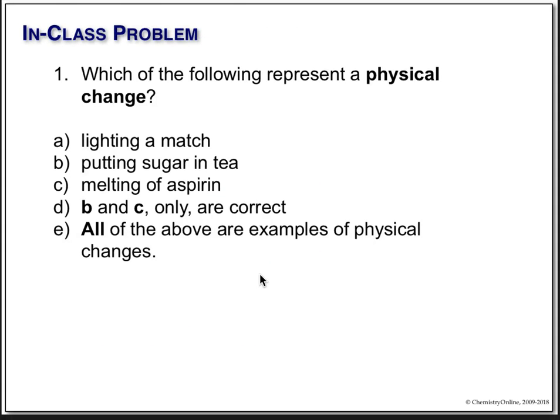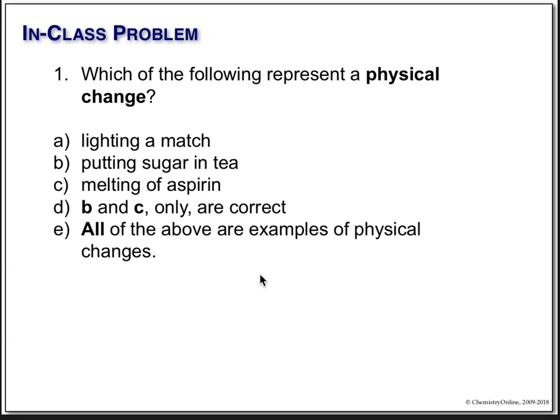All right, the exam questions. Which of the following is physical change? Lighting a match. Well, if we light a match, we start off with a match head, and we go through lots of flame and stuff, and gas is evolved. It's different, isn't it?